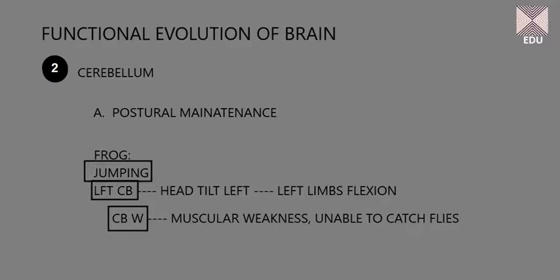But after taking out the whole cerebellum, the frog was unable to catch the flies. So this experiment gives us a view that the cerebellum has some relation with postural maintenance as well as the equilibrium process, or the preying process in the case of the frogs.